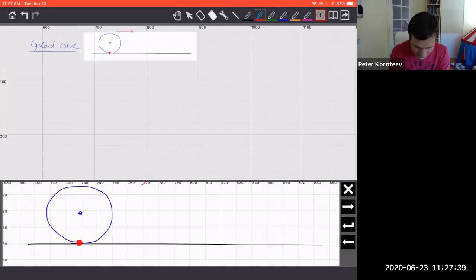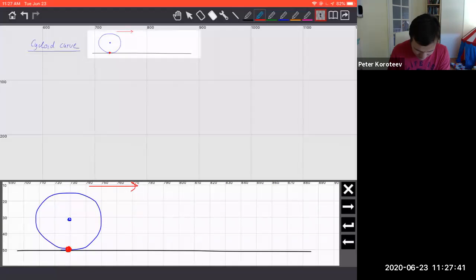Mathematically, we have a circle that rolls on a horizontal plane, and you are tracing the position of one point on that circle, like the chalk mark on the tire.